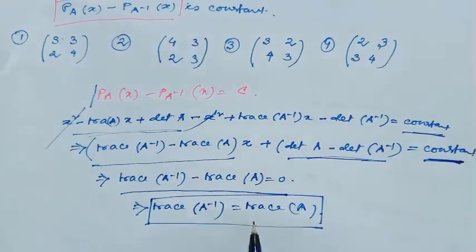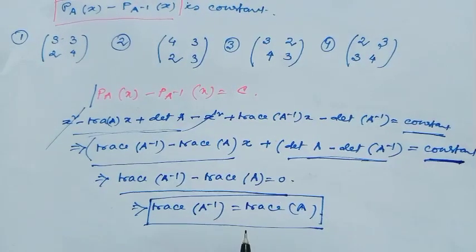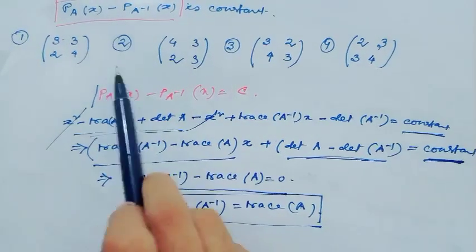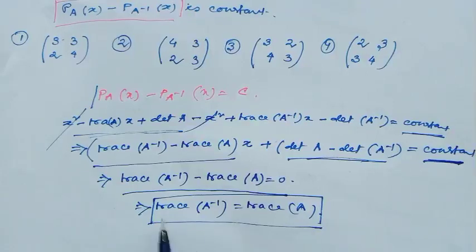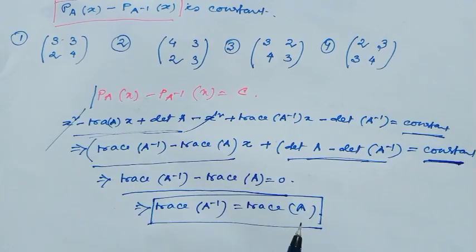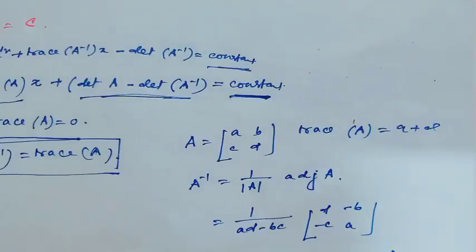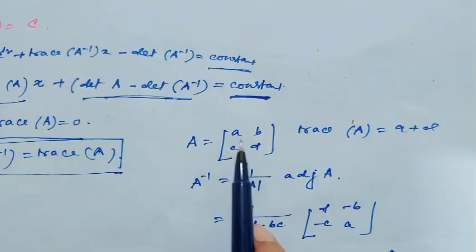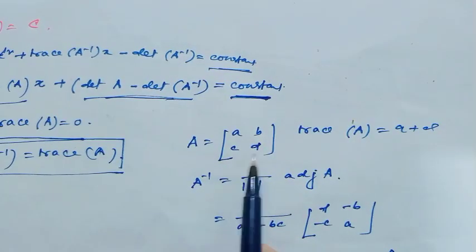Okay, that means we have to find which matrix satisfies the property trace of A inverse equals trace of A. For this, first consider an arbitrary matrix whose entries are a, b, c, d.